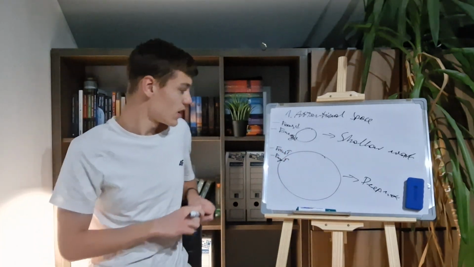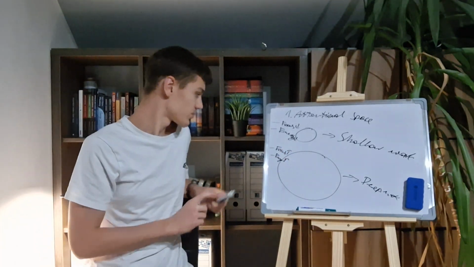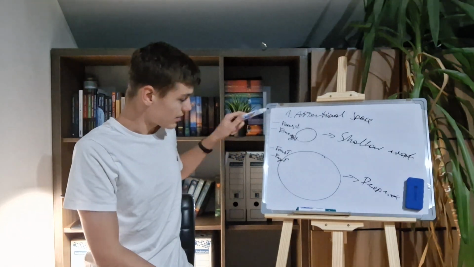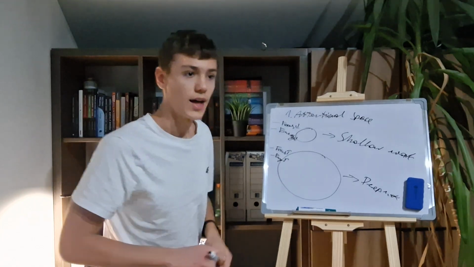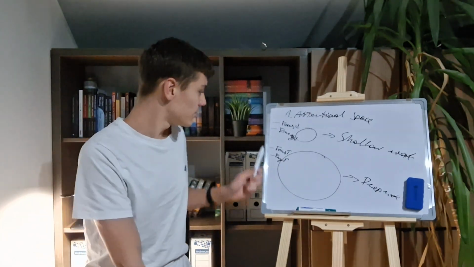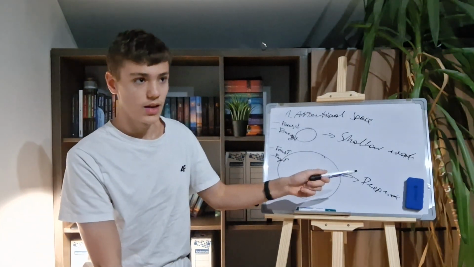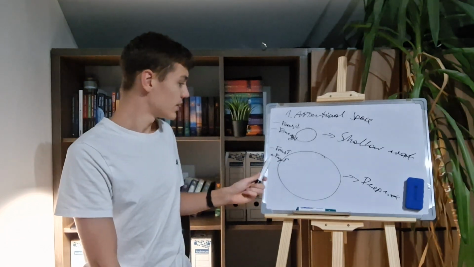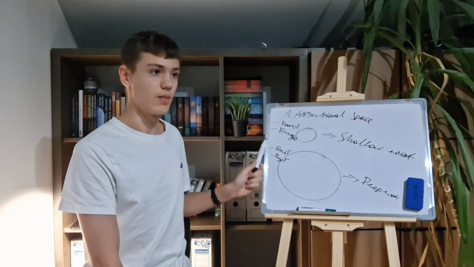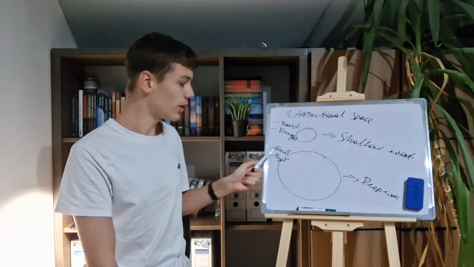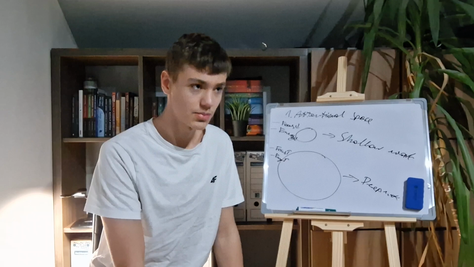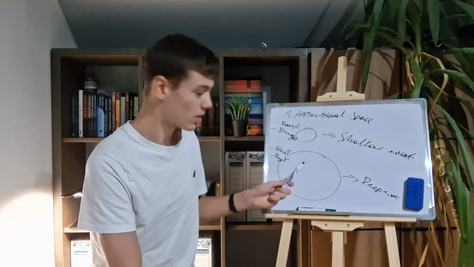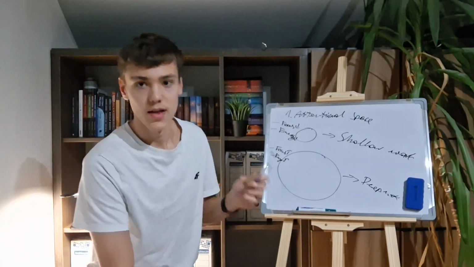Based on this, you need to have a balance between these two, like a ratio, right? Because if you just focus on deep work, you're not going to cut it. The mental energy and focus that you need for deep work is so high that it's almost impossible to focus on deep work for 12 hours straight.